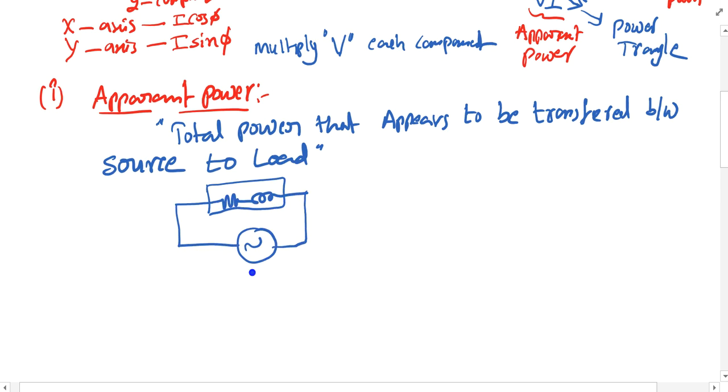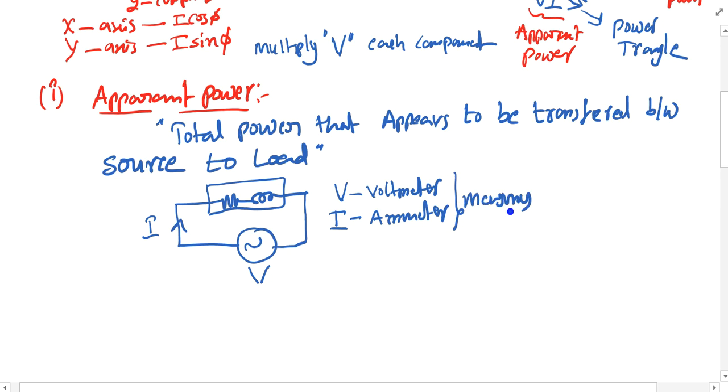My voltage source is giving this V, and some current I is flowing through this. If I use the voltmeter, I can measure the voltage, and if I use the ammeter, I can measure the current. I can measure the voltage and current by using these two devices.